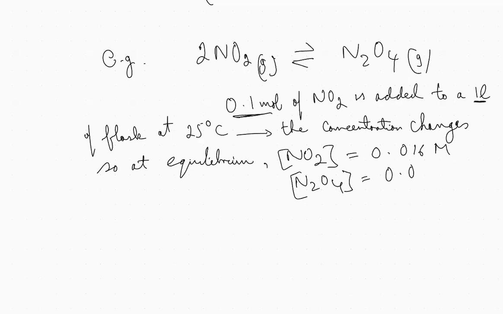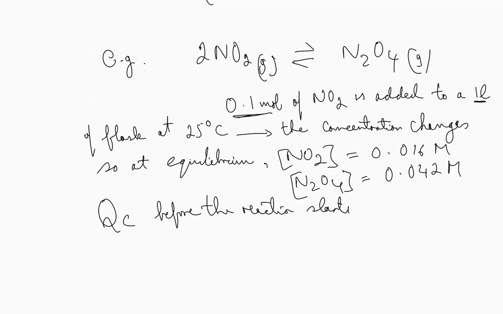So if they ask what is the Qc before the reaction starts, it's easy. Before anything starts, we just had 0.1 M. So what is our formula?